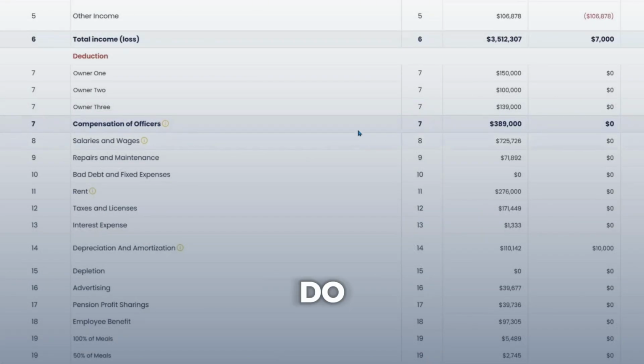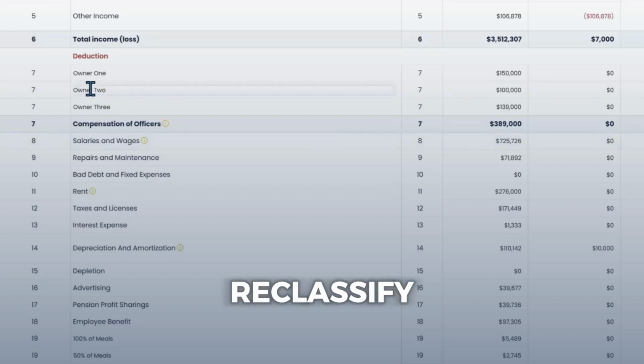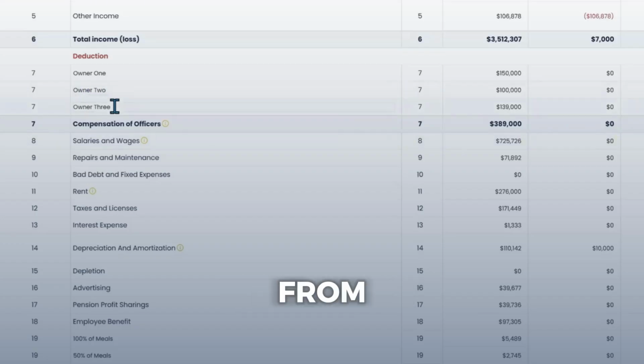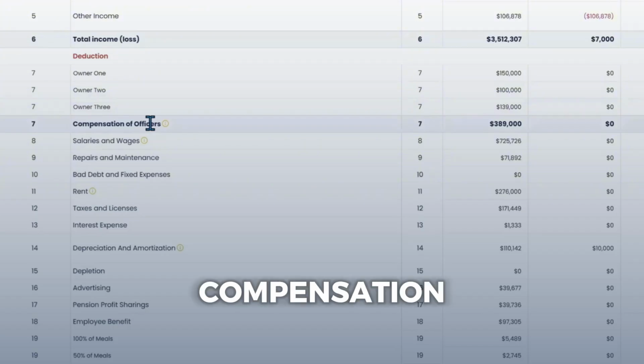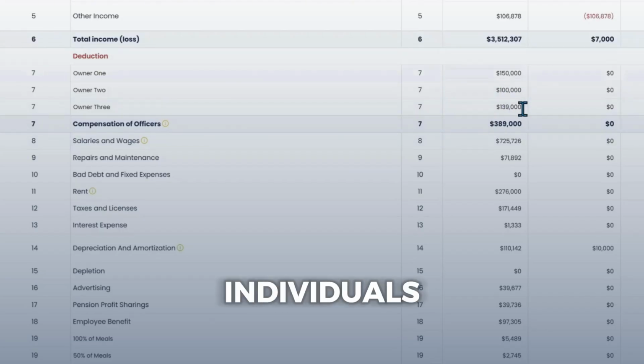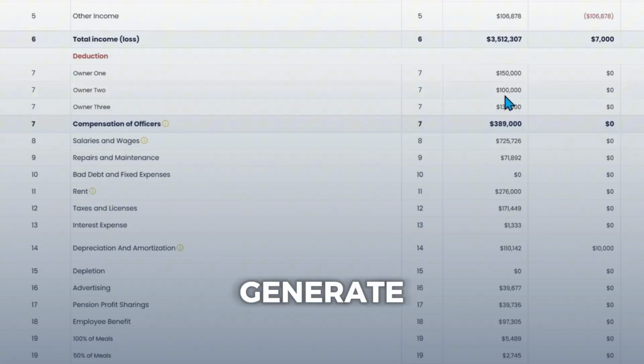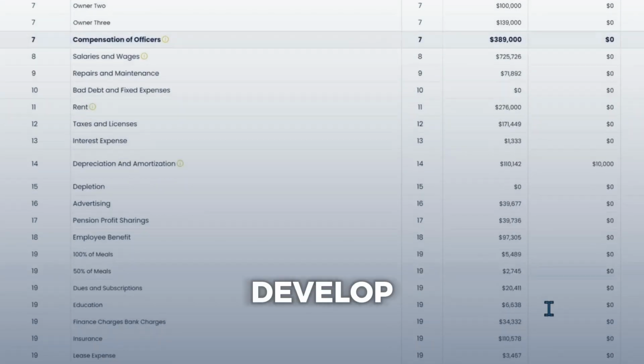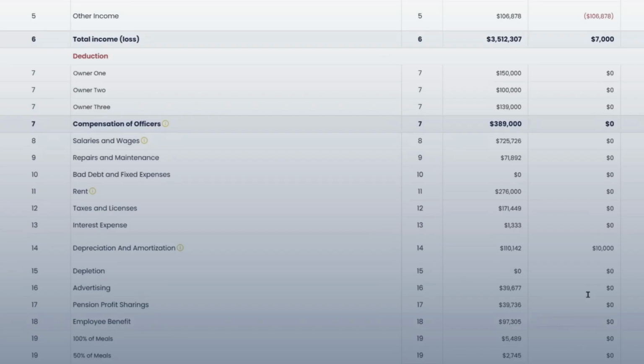So what we're going to do is reclassify owner 2 and 3 from officer compensation and place it in salaries and wages. The company still needs the service that is provided by these 3 individuals to generate this revenue and develop that profit. It's still an important expense to have.